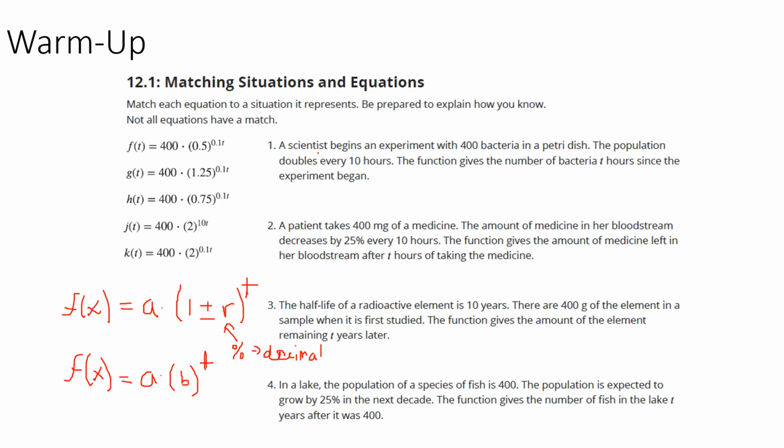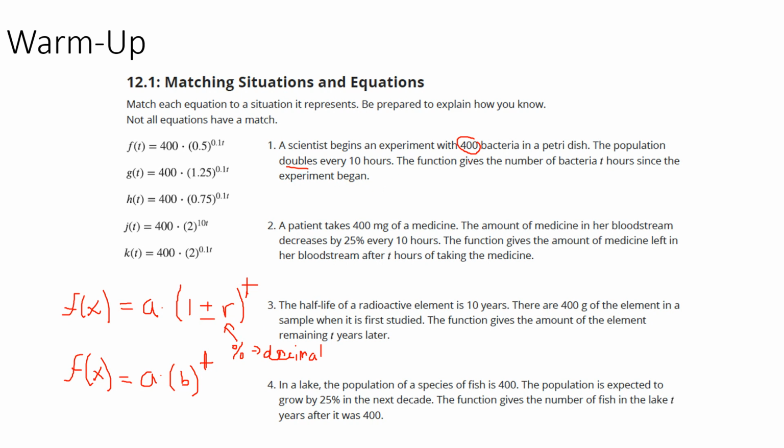So let's go ahead and work this out. The first equation: a scientist begins an experiment with 400 bacteria in a petri dish, so that's our initial amount. The population doubles every 10 hours. This is important because it doubles. The function gives the number of bacteria t hours since the experiment began.